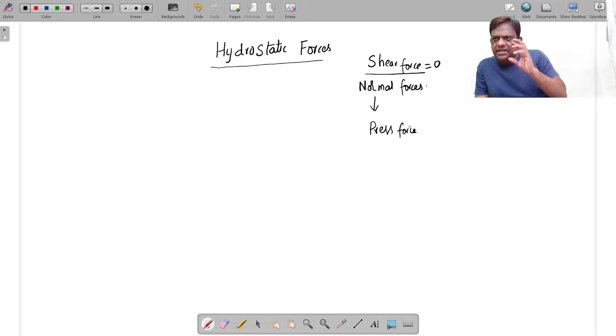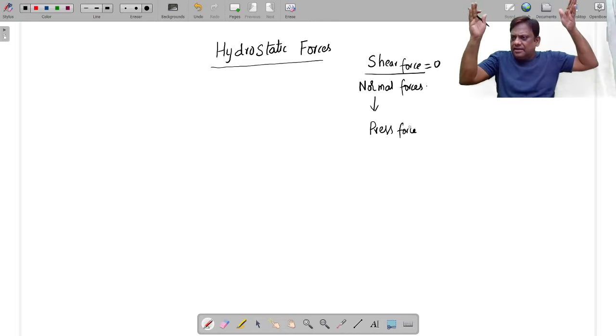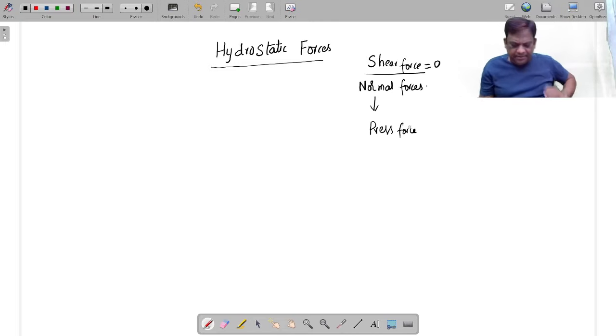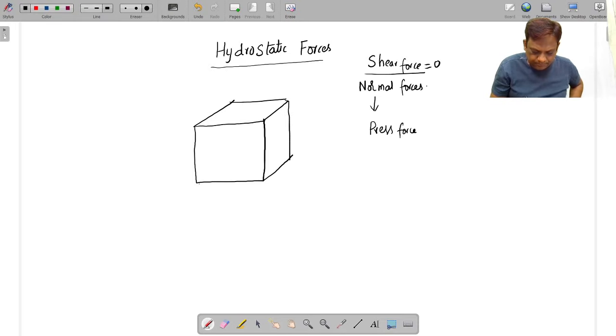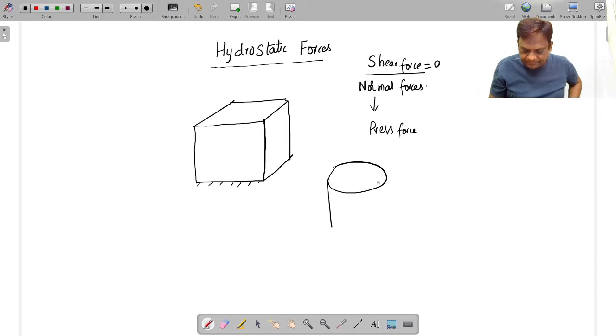Chalo, you might have seen, my dear students, an overhead tank. On top of the building, you have a Sintex tank, or you have constructed one with concrete. Maybe the shape of the tank is like this, or it may be like this.